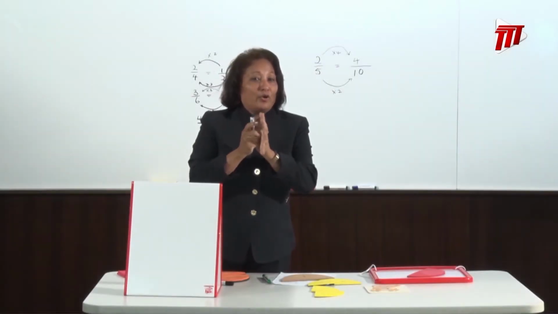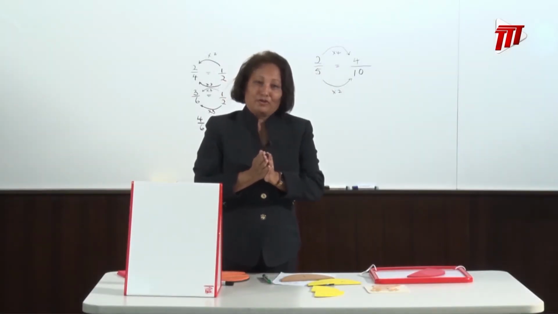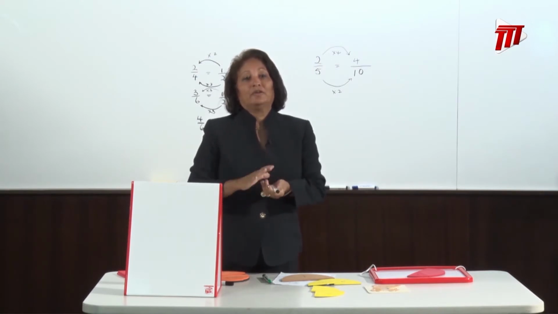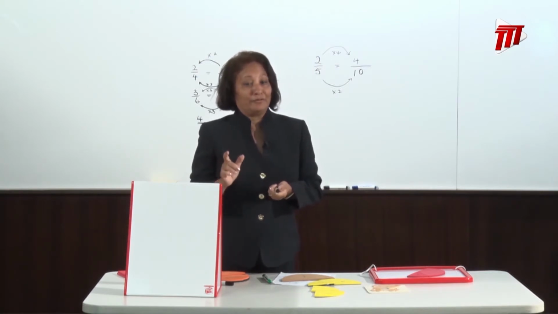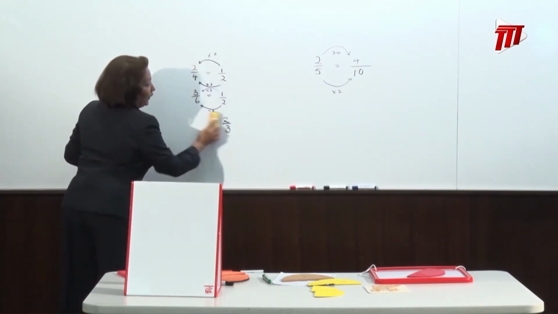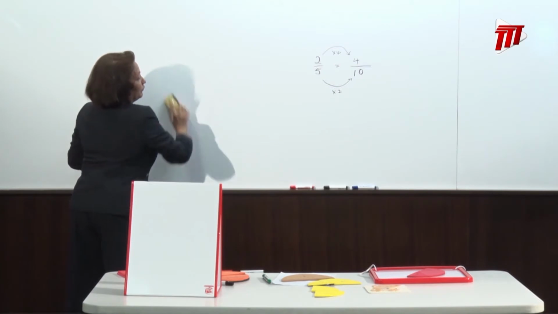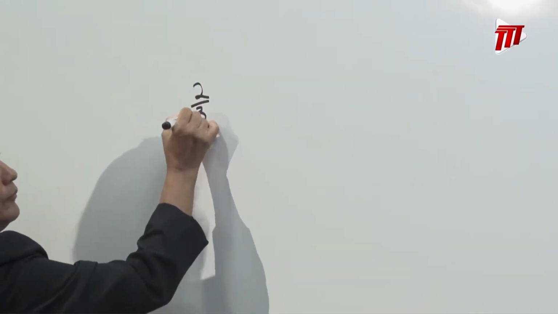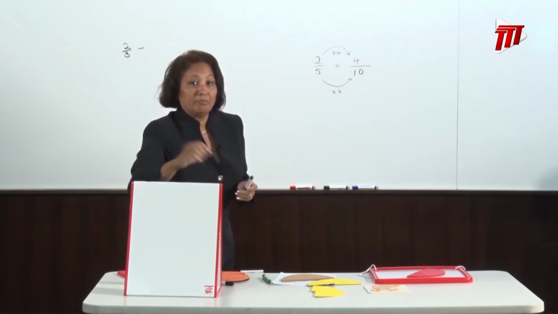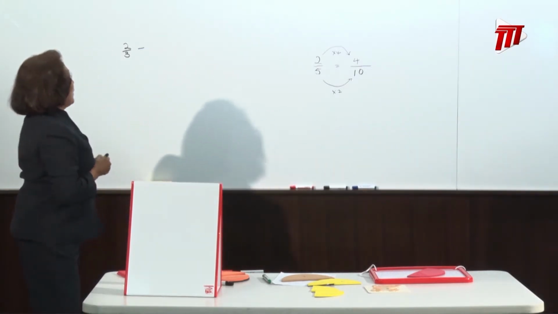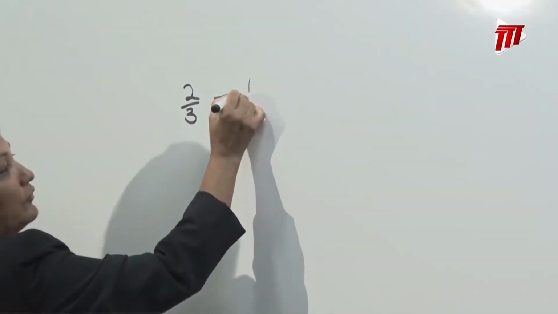So we are going to use that equivalent fractions now to look at how we subtract fractions when the denominators are different. So the first example I did when we were looking at subtraction, I had 2/3 minus 1/3, but I don't want to use the same denominator, so I would use 1/6.